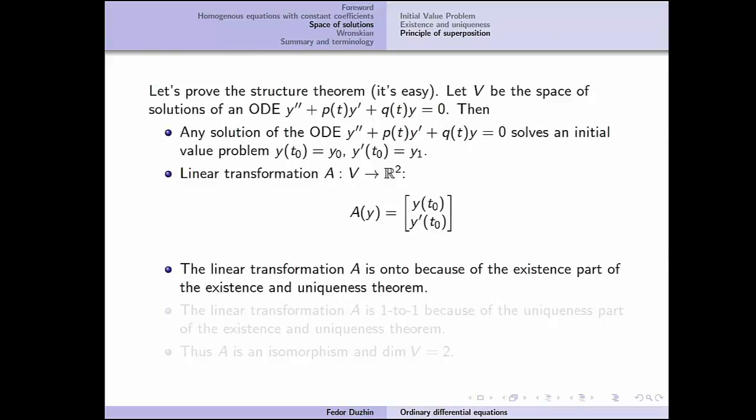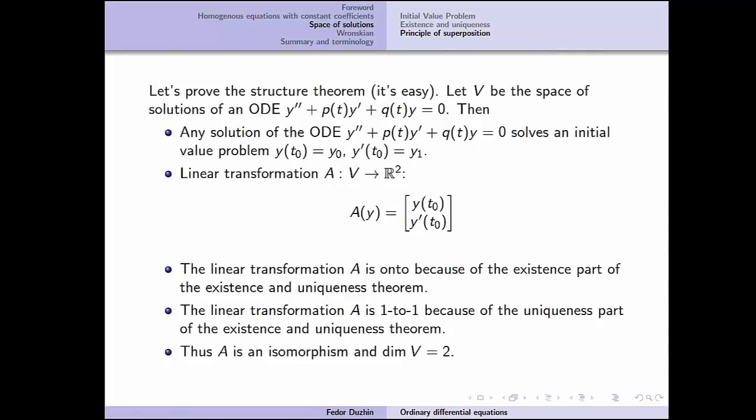So that's why this linear transformation is onto. But at the same time, it is one-to-one because of the uniqueness part, right? There is only a unique solution, and hence it is one-to-one. But since it is onto and one-to-one, it must be an isomorphism, and therefore the dimension of these two.